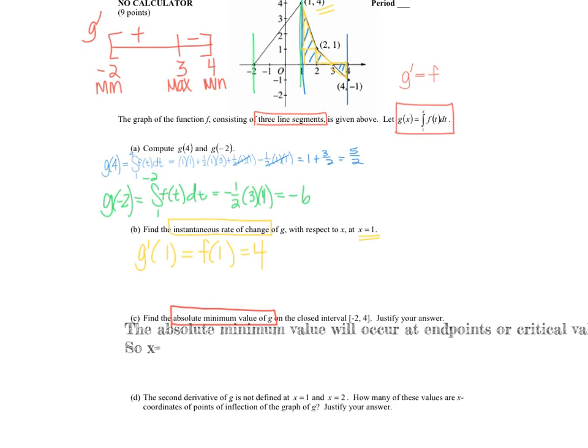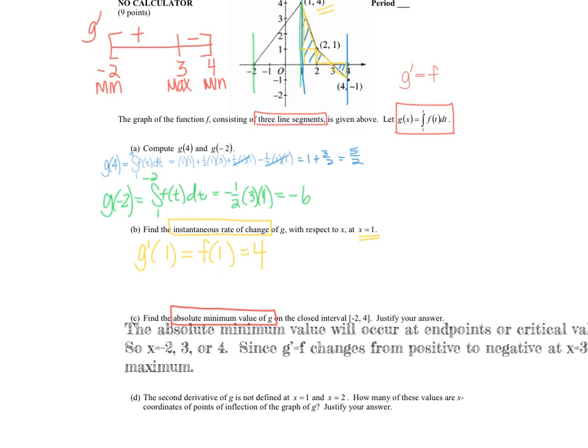So x equals -2, 3, or 4. You with me? Then I would say something like, since g prime, which is f, make sure you show them that you know how they're related, changes from positive to negative at x equals 3, 3 is a maximum.